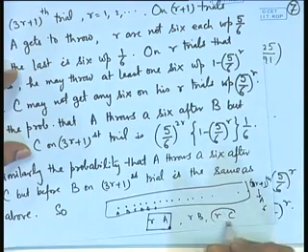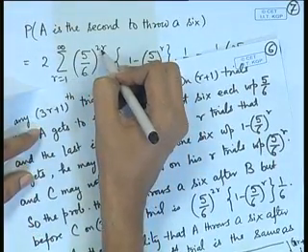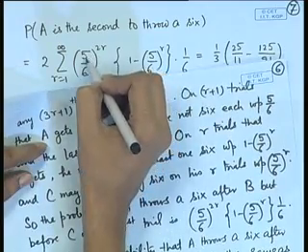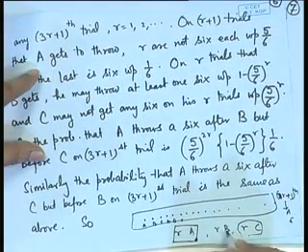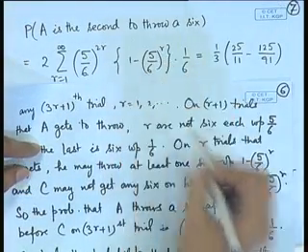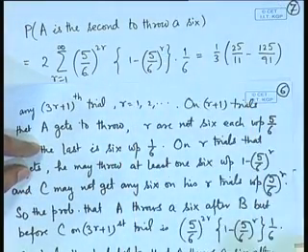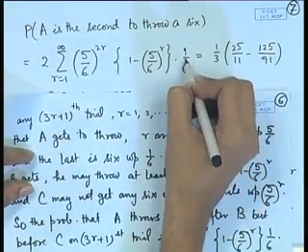For C there is no 6, therefore the probability for that is also 5 by 6 to the power r. So, the probability becomes 5 by 6 to the power 2r. For B he gets at least 1 6, therefore the probability is 1 minus 5 by 6 to the power r. On the last trial, the 3r plus 1th trial, A gets a 6 and the probability for that is 1 by 6.